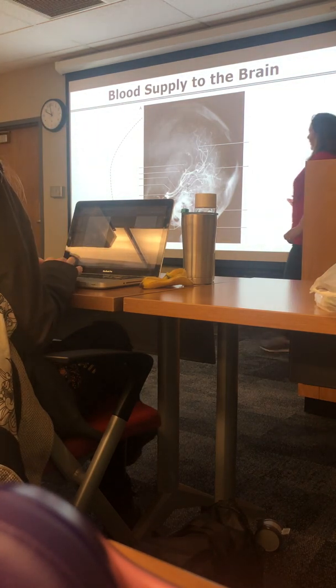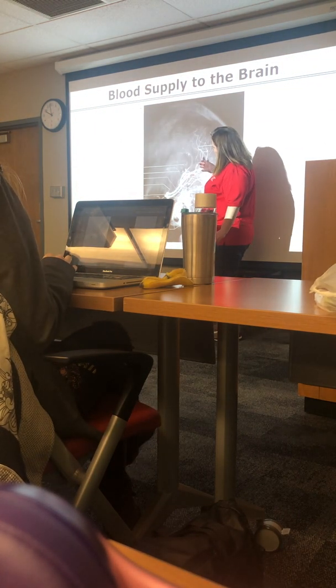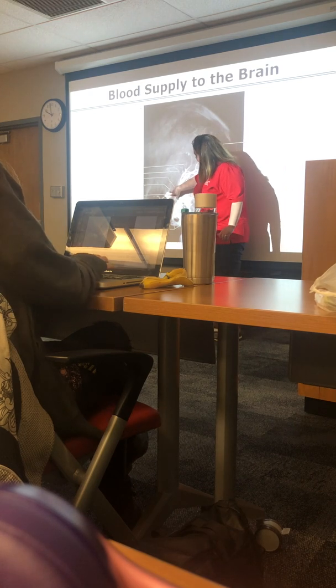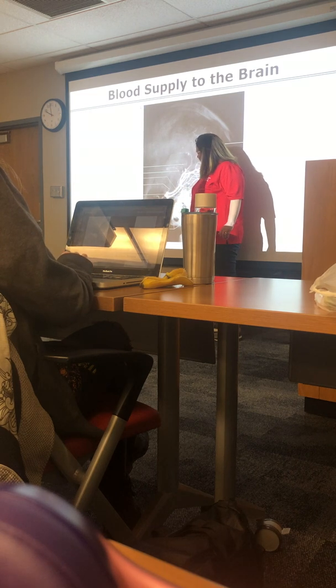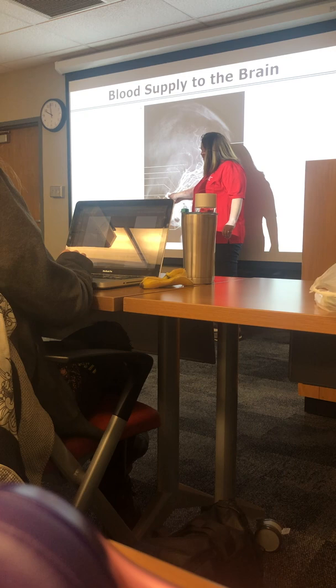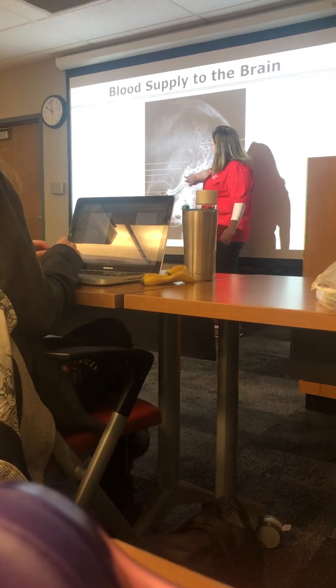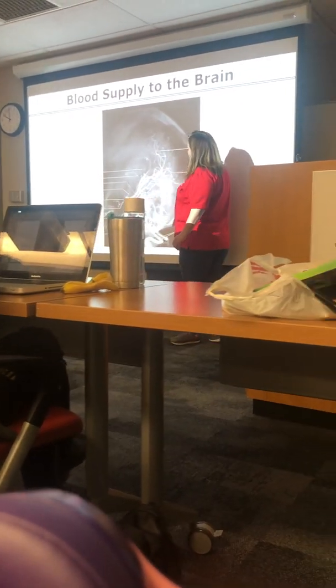So this is posterior cerebral heading posteriorly. And you can actually see both of them because you have a little bit of a crossover between the two of them. Sorry, I should say it more this way. This is the end of the basilar, and then the basilar is going to split into the two different posterior cerebrals. These are the two posterior cerebrals on the left.